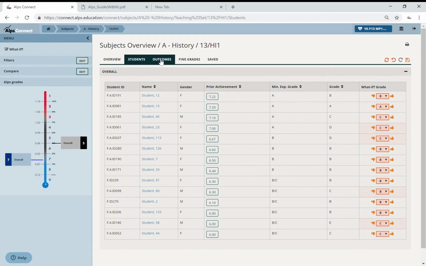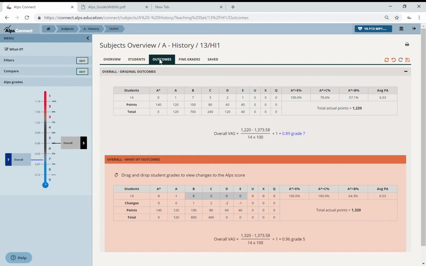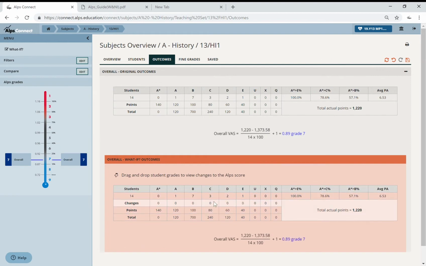Now, if I just pop into the outcomes box here and just reset, sorry, instead of looking at individual students, I could look at grades. So I could start to have a look at how I move individual grades, and it's got the same effect.